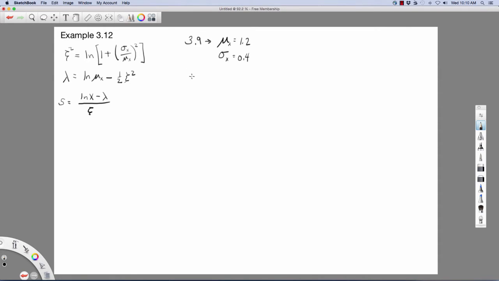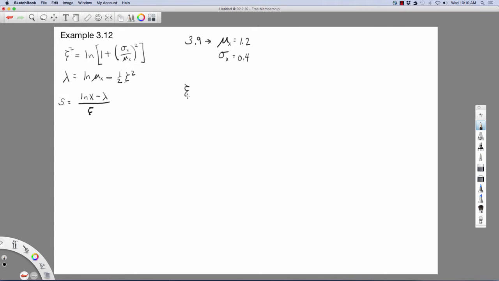In order to transform this into a log normal distribution, we need to find the parameters zeta and lambda. And I've rewritten the equations here for what zeta and lambda are in terms of our normal distribution with mean mu and standard deviation sigma. So we just simply plug and chug.